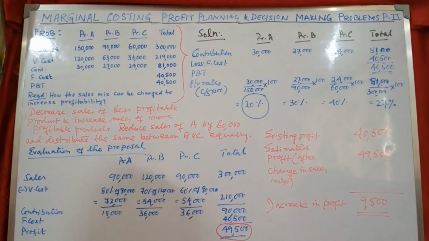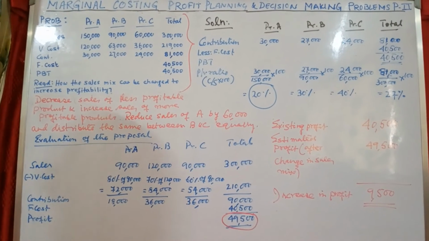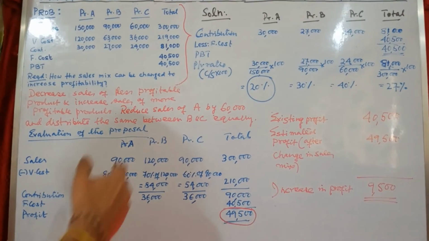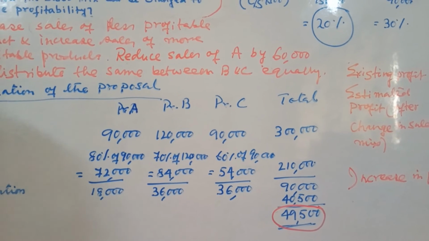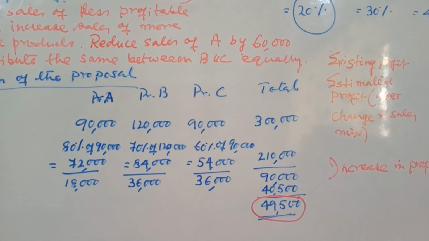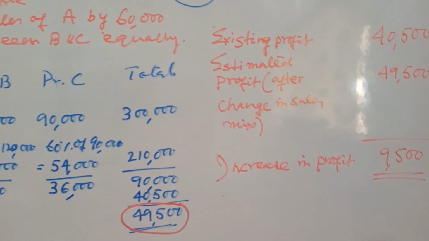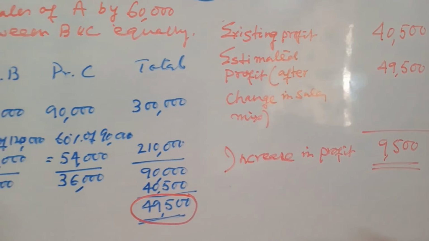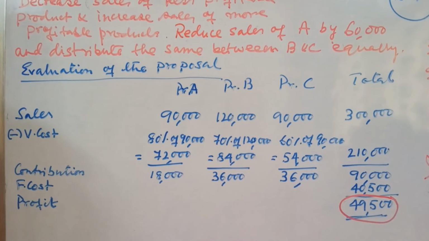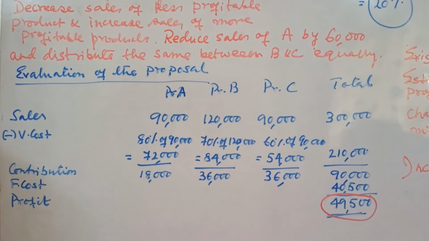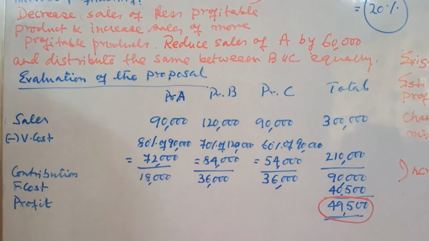That is, the management will withdraw some resources from product A and will deploy those resources in production of product B and C. And if the management does so, then total profit of the firm will increase by 9,500. So implementation of this decision would increase the total profit of the firm, hence the decision can be implemented. Correct?